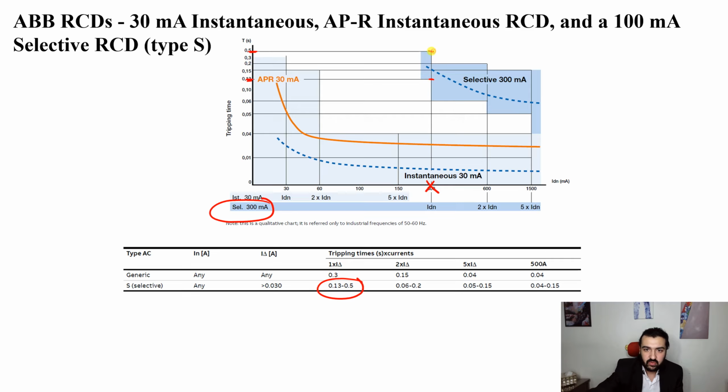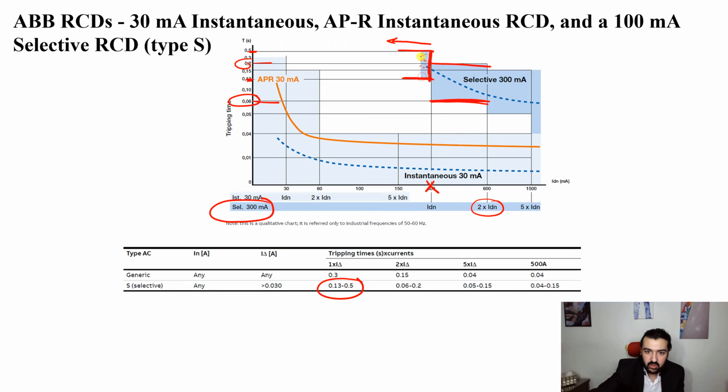For double the value, between 0.06 and 0.2, this range here. Okay, so this is for the 300 milliampere, this range, but you will see that the blue region is also before it. See this one?